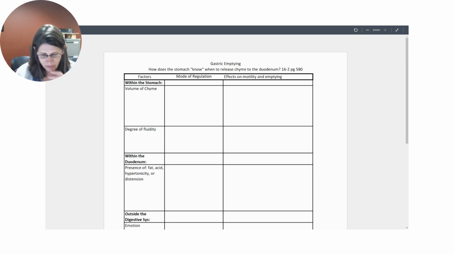Well, this is how. Mainly these factors are going to be controlled in the duodenum, but it will be starting out within the stomach, of course. One thing to remember: in the stomach, you've got that peristalsis. The end of the stomach is called the antrum, and those peristaltic waves of contraction get really strong.